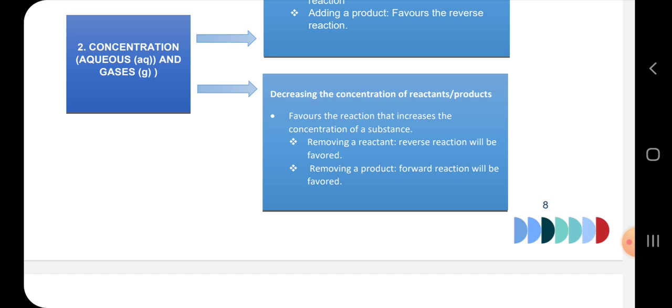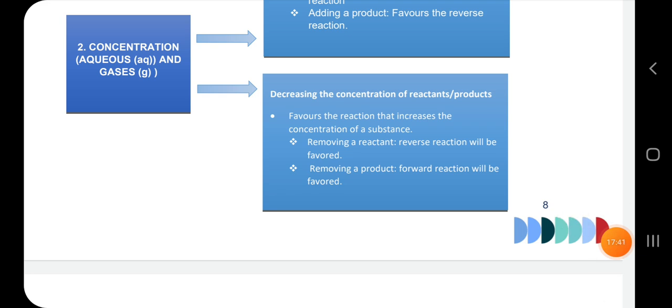So removing a reactant, the reverse reaction will be favored, right? When you are removing, we have 20 reactants, but you are moving it to 15 reactants. What is on the left-hand side? So the reverse reaction will be favored.